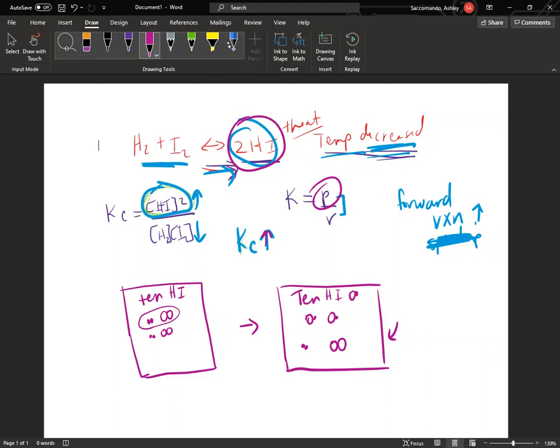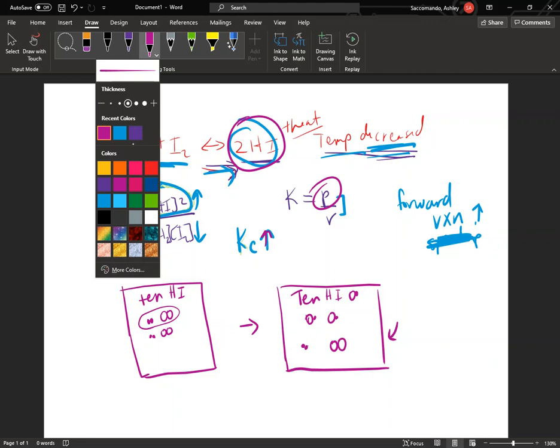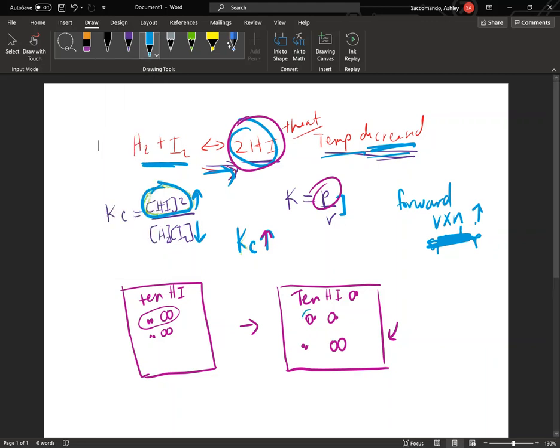And here we still have an equilibrium position to maintain. Does that make sense? So I draw this and then you would include 2 more of the HI here, and then you would leave the last 2 reactants behind.